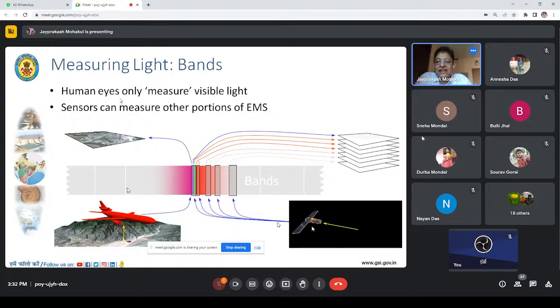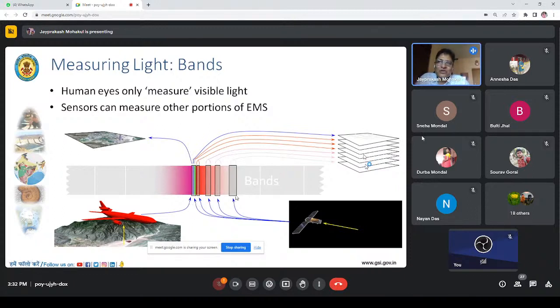Supposing it gathers information in the visible range, in near infrared, in far infrared, let's say 3 bands in far infrared. Then you can have five, six bands. You can gather this information and make different combinations.